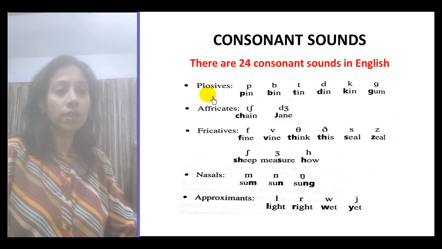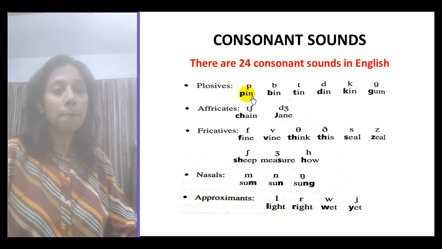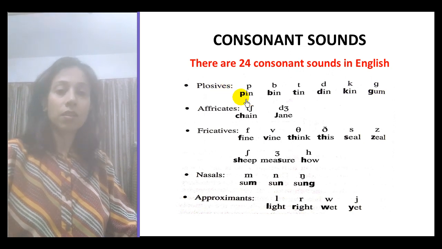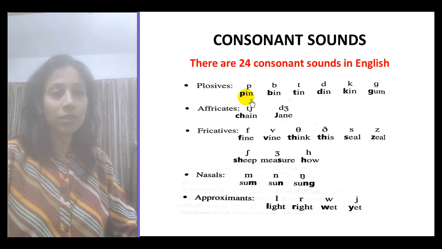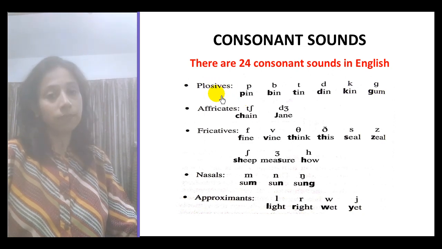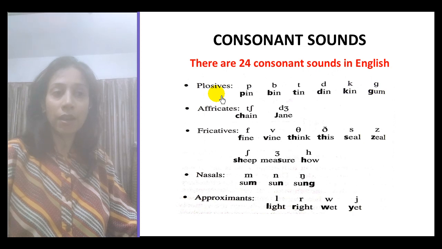So you can see here we have P, B, T, D, K and G. Right, so these are some of the consonant sounds which are categorized as plosives. We don't really need to go into the details of it. It's just that they have been categorized on the basis of their manner of articulation and the place of articulation. For this, we'll probably need a few more sessions to understand how and why they are categorized in this way.